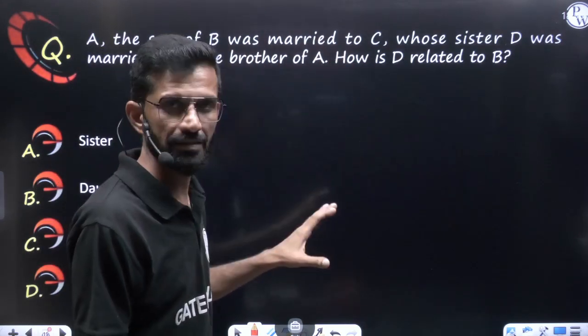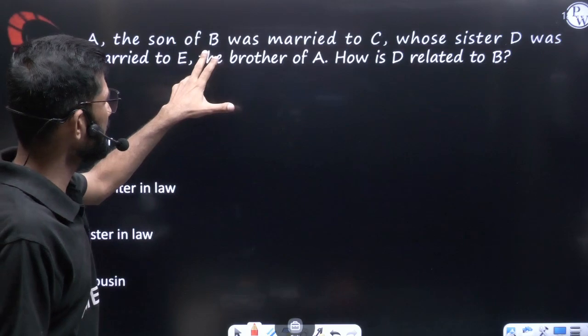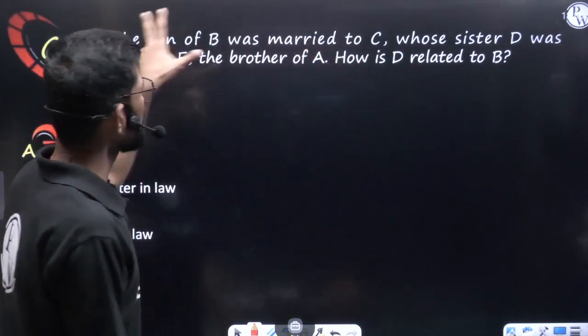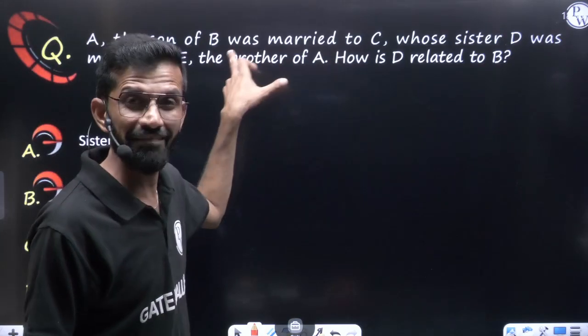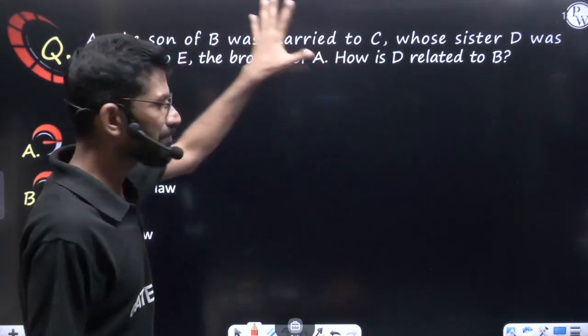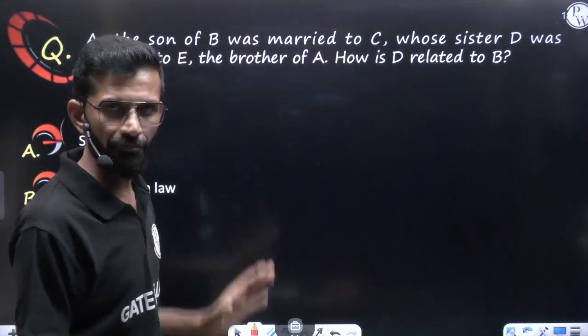It is not that B was married to C. A, the son of B, was married to C. Means A was married to C, because here they haven't used any comma after B. So A was married to C and A is the son of B.